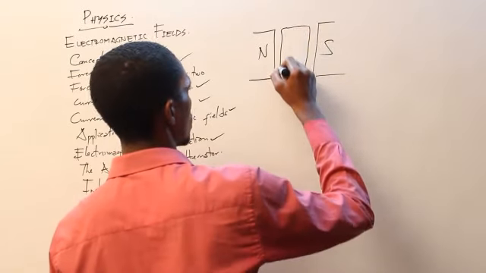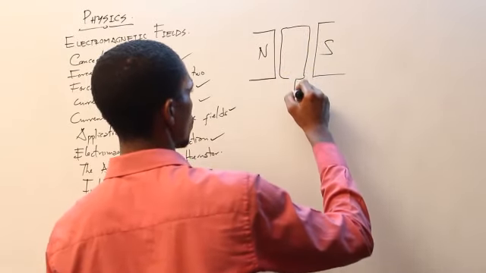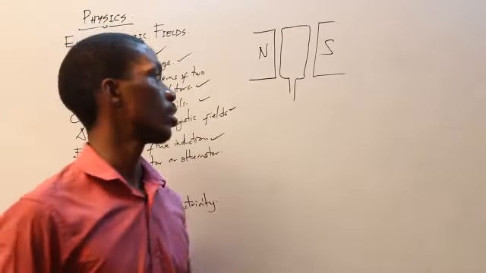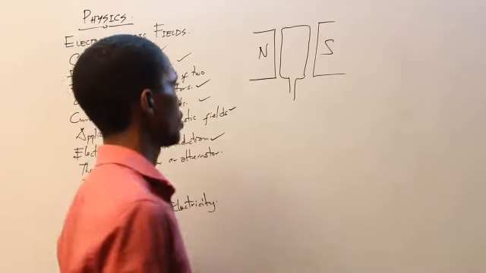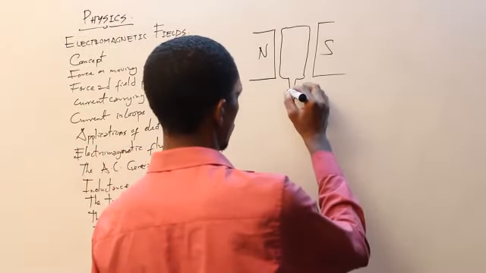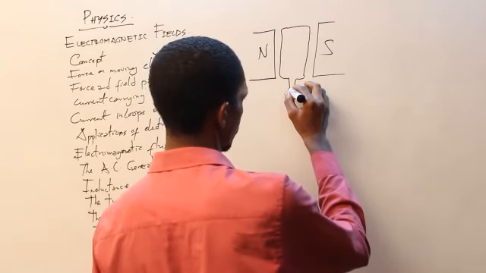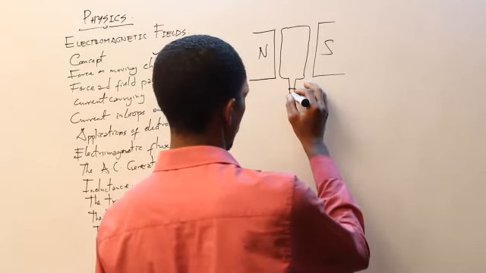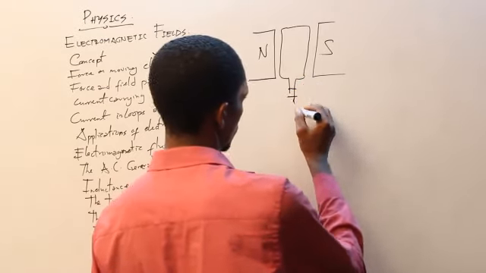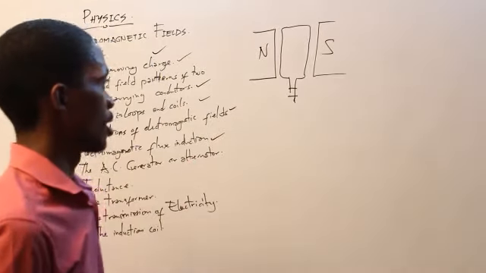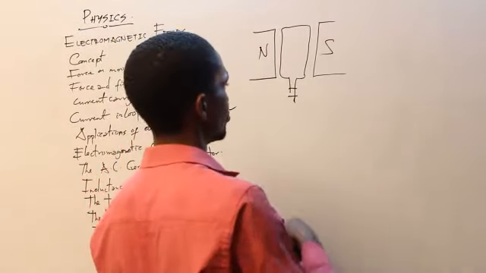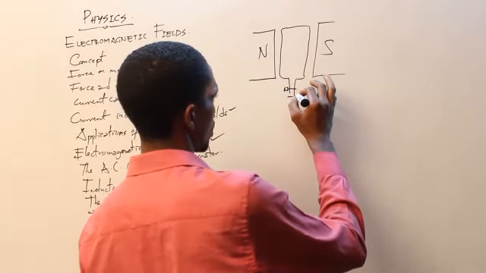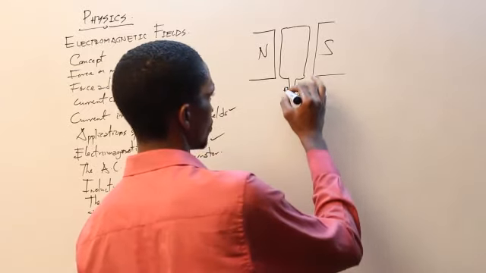The armature contains several windings of induction coils, which are connected by carbon brushes.